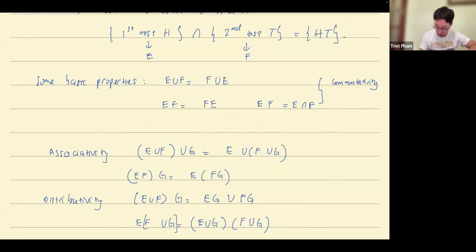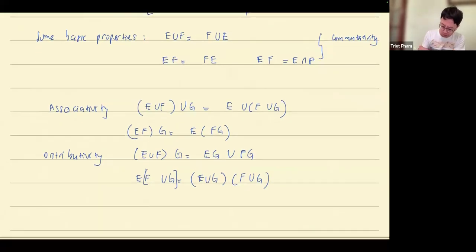They don't have a parenthesis here, but I think it reads like that. I'm not so sure if you have EF union G like this, it will read the same way. So yeah, the textbook doesn't put parentheses on, but I think here it should be like this. Okay.